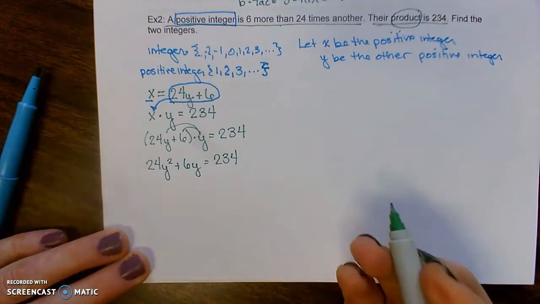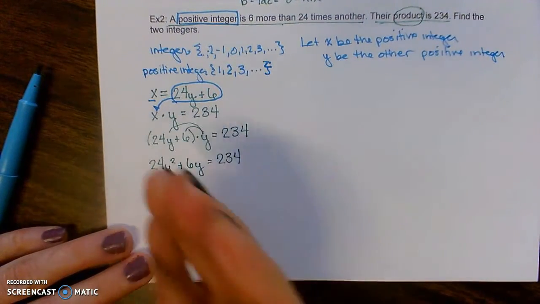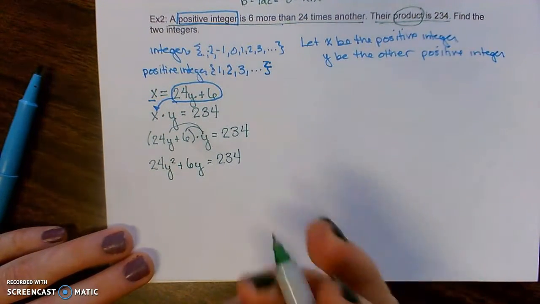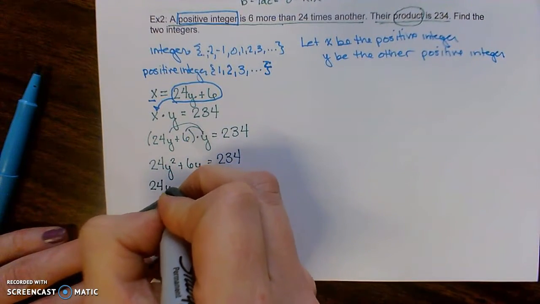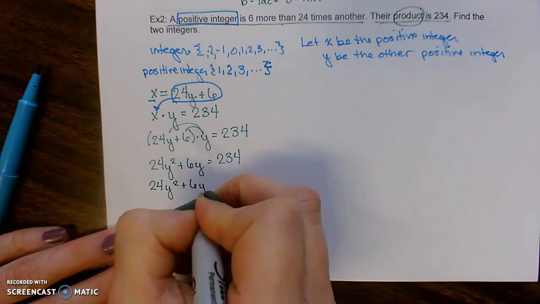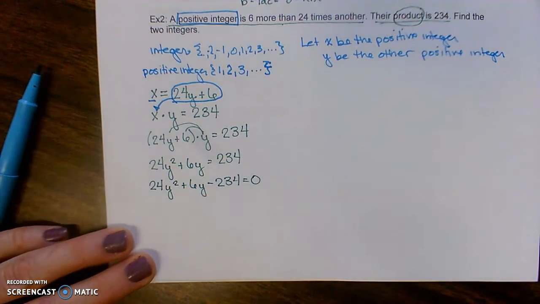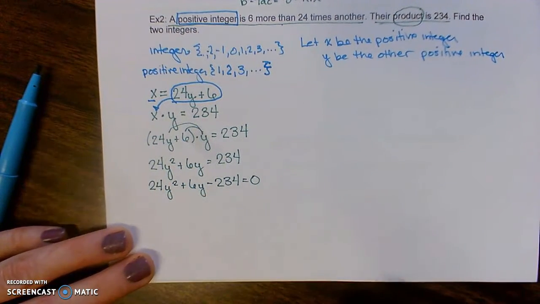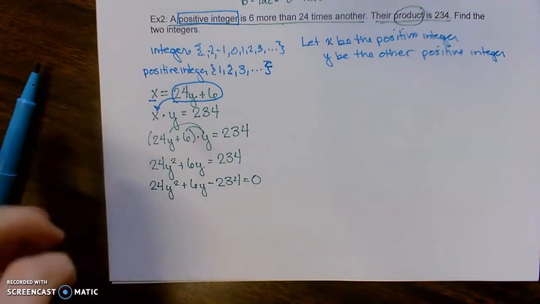So this is a quadratic equation, and I can solve by bringing the 234 over to the other side to have 0 on the other. So I'll subtract 234 from both sides. 24y squared plus 6y minus 234 equals 0. So you can try factoring if you like, or I think what I'll do is use the quadratic formula.